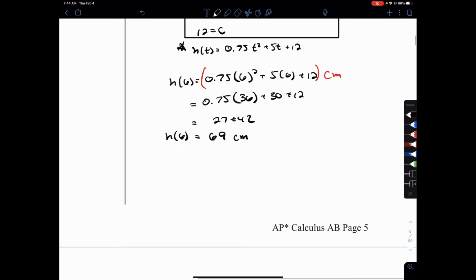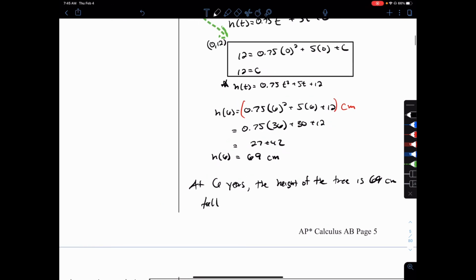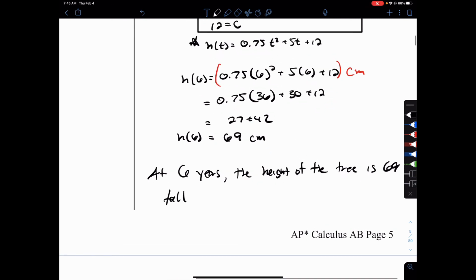Sentence answer: at 6 years, the height of the tree is 69 centimeters tall. Or since the question said how tall are they when they're sold, you could say when sold, the height of the trees is 69 centimeters tall.